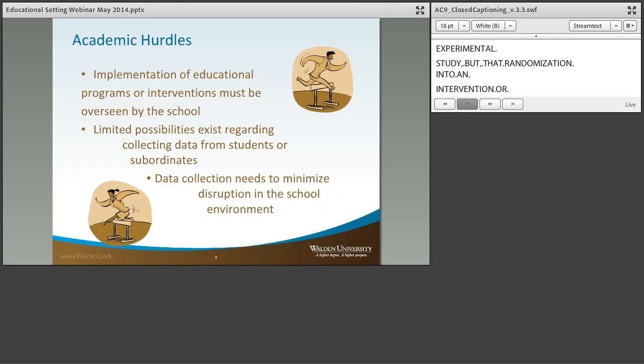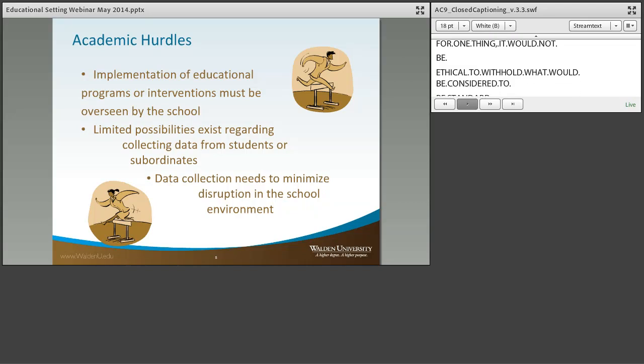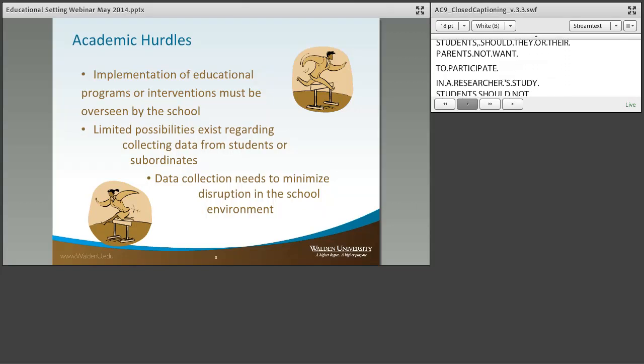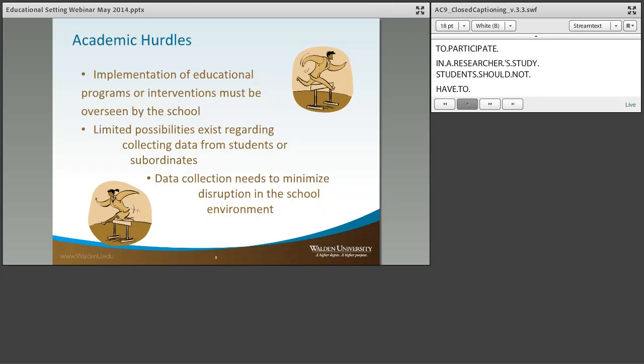For one thing, it would not be ethical to withhold what would be considered standard instruction or educational opportunities that could benefit students should they or their parents not want to participate in a research study. Students should not have to participate just to get opportunities to enhance their education.